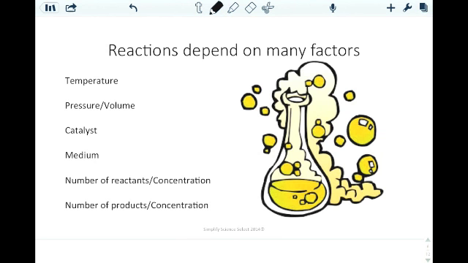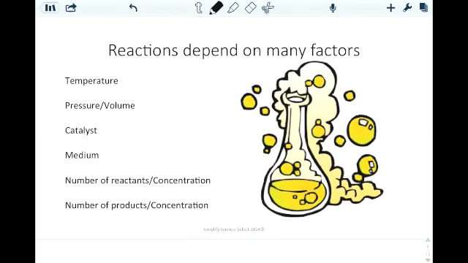The more it moves, the more it increases the collisions. Looking at pressure and volume: anytime we change the pressure or volume, it changes the space. In a confined space, there are more collisions, and the right molecules are more likely to hit each other if they're in a tinier area.